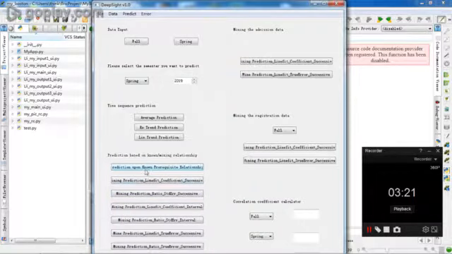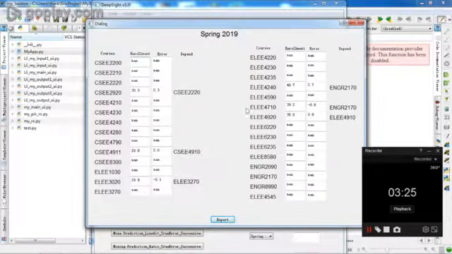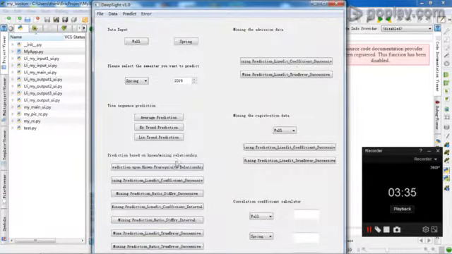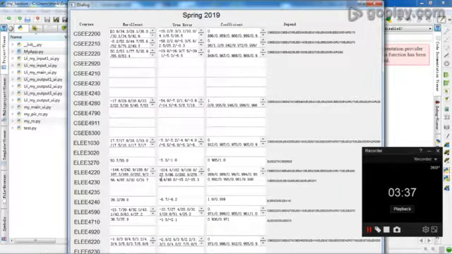And for example, this one is a traditional prediction based on prerequisite relationship. And the next one is mining. You can see for one course, it may depend on a lot of other courses, not only one course.